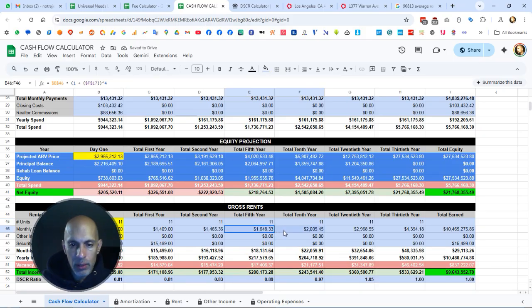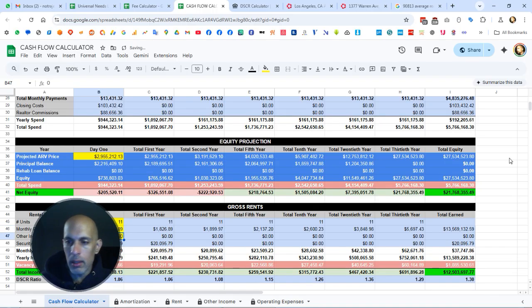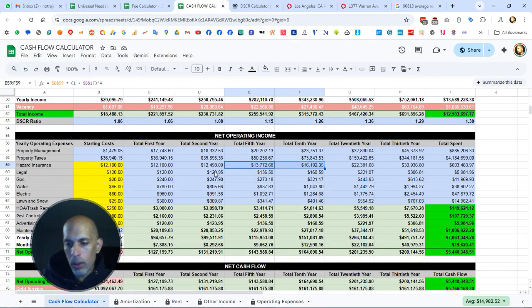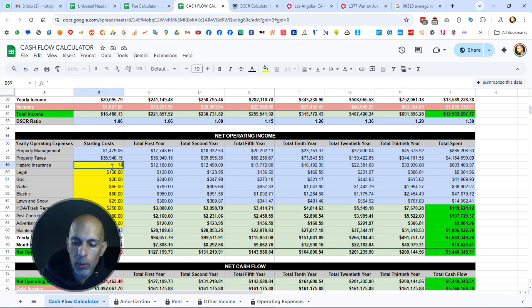And let's see here, what's the average on this? That's 1826.89. What's the average here? 14982.52.